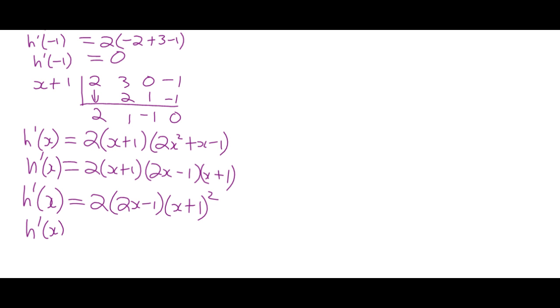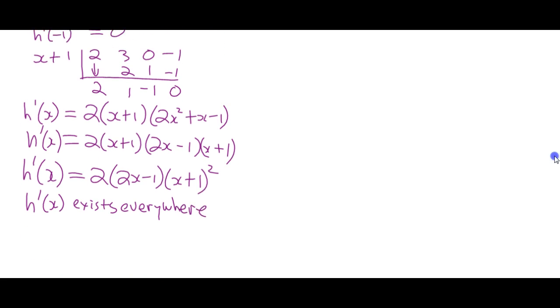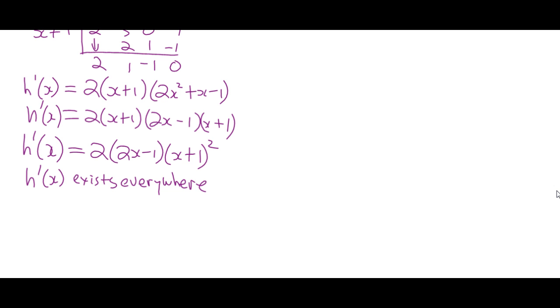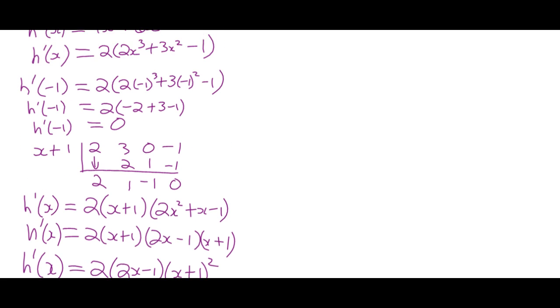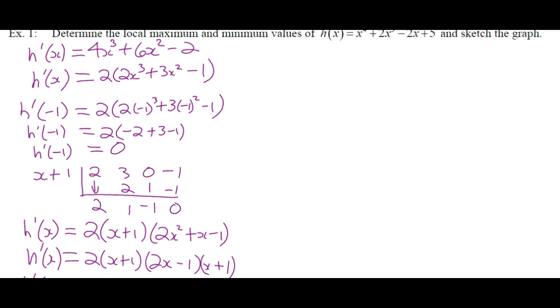So h prime of x exists everywhere, or it does not exist, right? Because remember, critical numbers are where it doesn't exist. And h prime of x equals 0 gives us x is equal to what? Half or -1? Okay, so critical numbers are at a half and -1, and we've got the factored form.